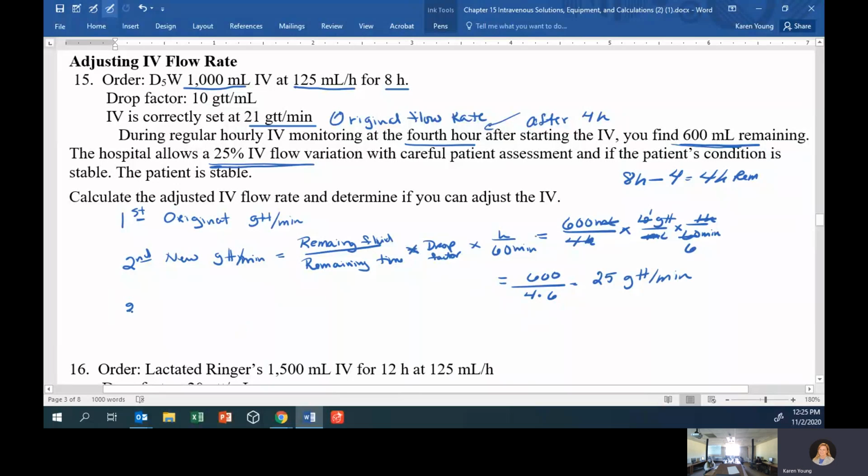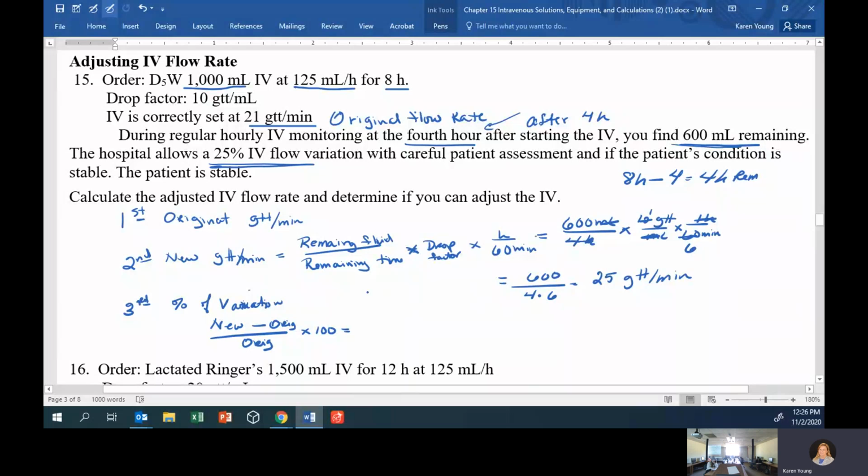And the third thing we have to do is find our percent of variation. We take our new flow rate minus our original, divided by our original, then times 100 so it can be a percent.